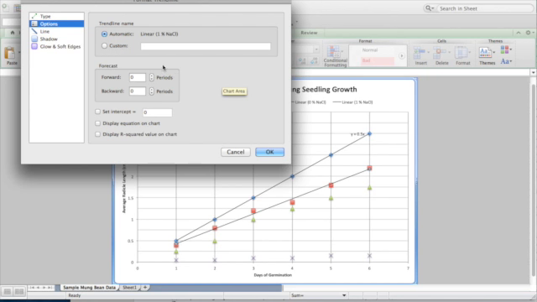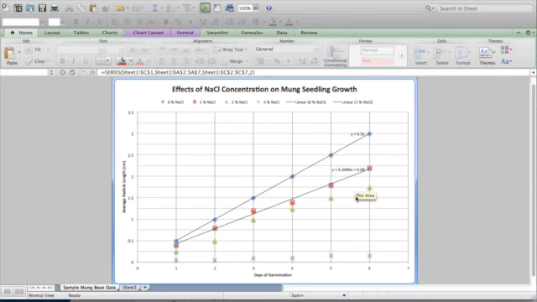And again, we want to display the equation on the chart. It tells me the slope here is 0.3486. Well, that's a mouthful. But let's just call it maybe 0.35. So the slope here is 0.5. The slope in this one is 0.35.